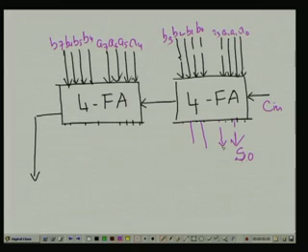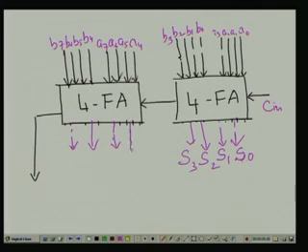For A1 B1 it is S1, A2 B2 it will be S2, A3 B3 it will be S3. Similarly, for A4 B4 it will be S4, S5, S6 and S7, and this is my carry out.